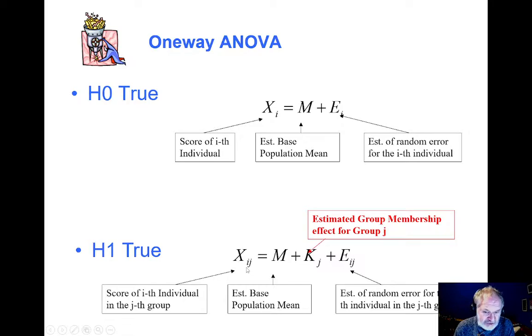If H1 is true, then an individual's score on the scale is based upon the overall grand mean for the population, plus individual differences, which is the error term, plus the influence of group membership.